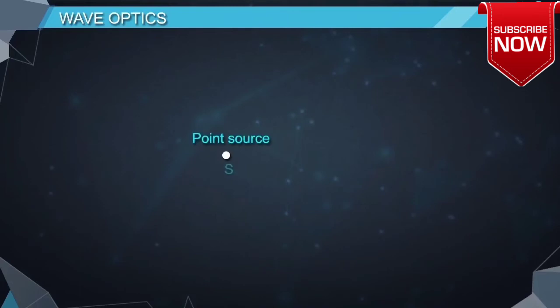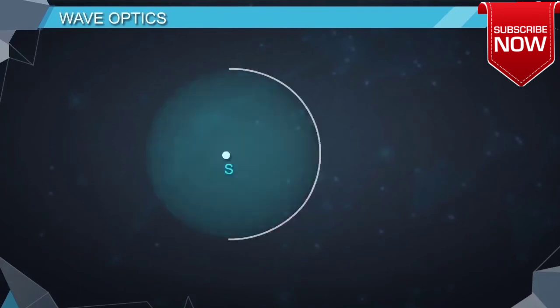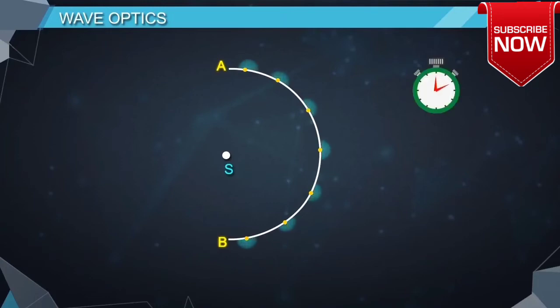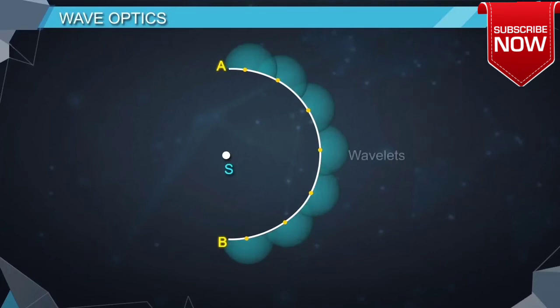Let us consider a point source S. The source S generates a spherical wavefront AB traveling away from S. Now, according to Huygens principle, each point along the wavefront AB is the source of new disturbance, and spherical secondary waves originate from these points which spread out in the forward direction. These secondary waves are called as wavelets.